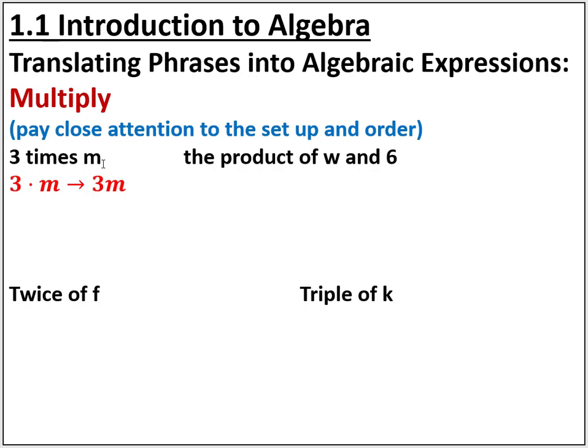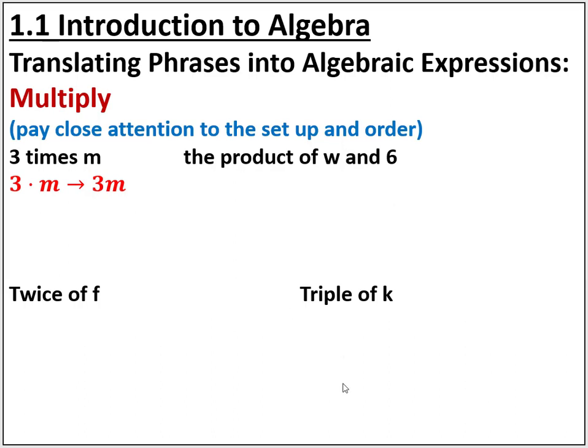Now let's take a look at the next example. It says the product of w and 6. Now, in the previous example where we did add and subtract, when we have the operation, which is product, another term for multiply, and here we have the word and. In the other sections that we covered, whatever is in the front, we write first, and whatever we have at the end, we write second.